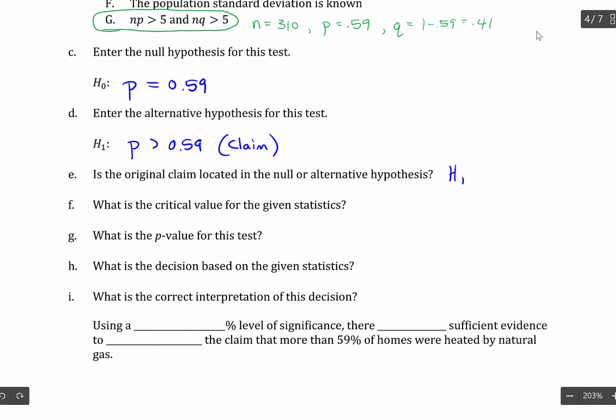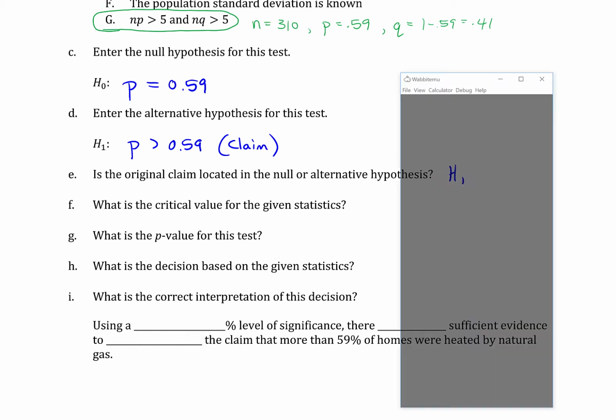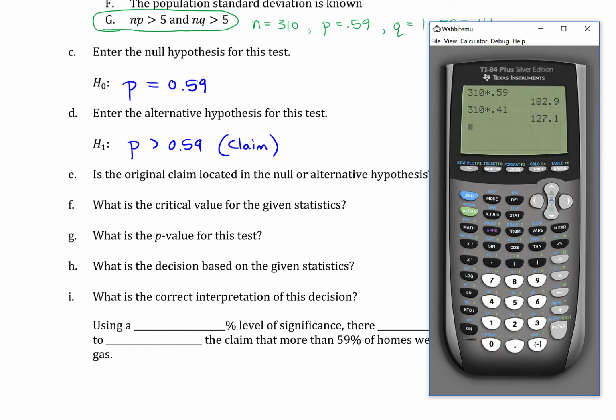And what is the critical value for the given statistics, and what is the p-value for the test? That's the information that we get from 1propztest in the calculator. So if I hit stat and slide over to tests, then 1propztest is down there. Just look for it. P0, that is the value that we use in the null hypothesis.